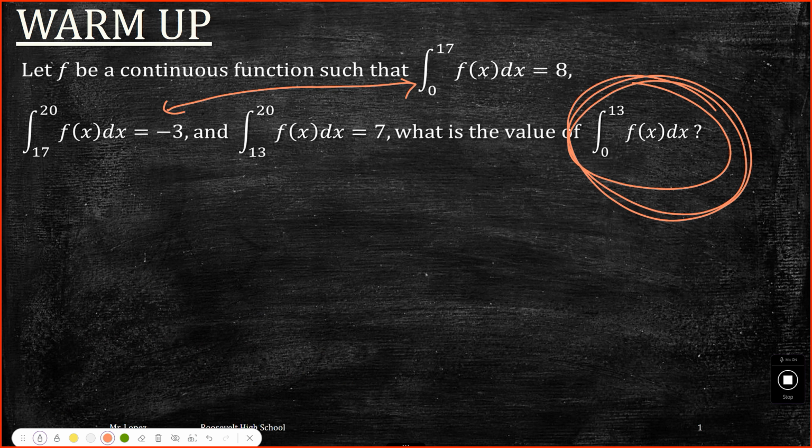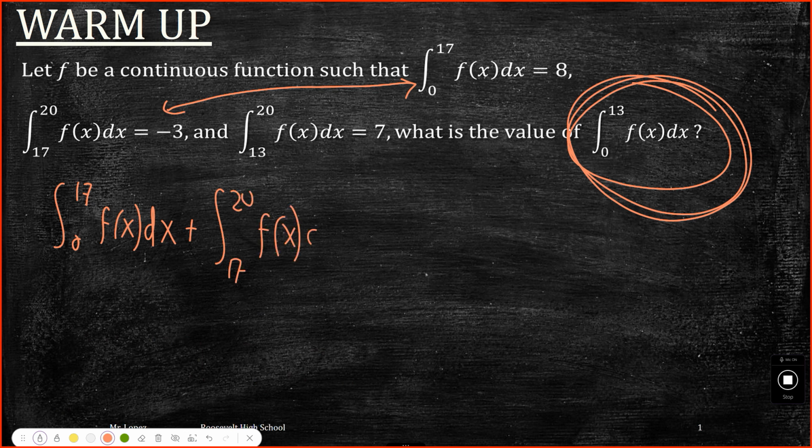So if we add those up, that will give us from 0 to 17 and from 17 to 20. Yep. Let's do that. So if we do from 0 to 17 of f of x dx, plus from 17 through 20 of f of x dx, that will give us what? That will give us 5, no?